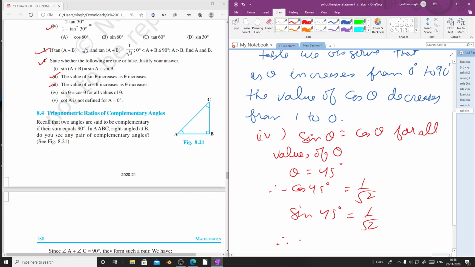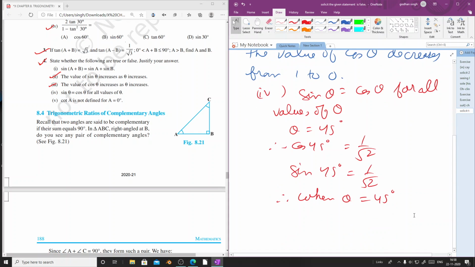Therefore, when theta equals 45 degree, cos 45 degree is equal to sin 45 degree. But earlier we have discussed that by giving an example, we cannot say that the given statement is true.